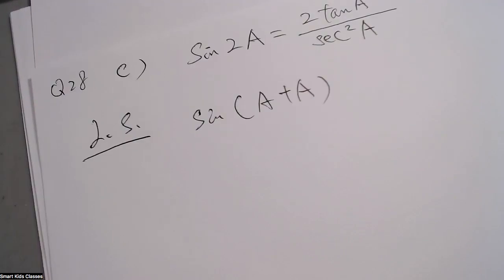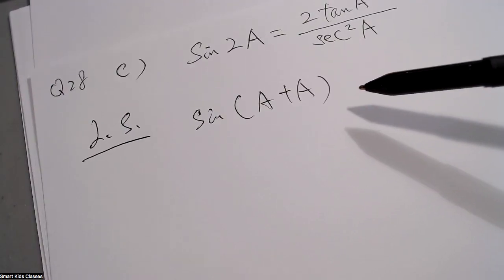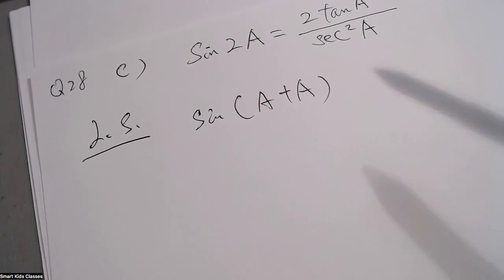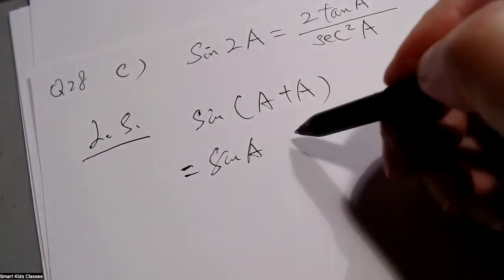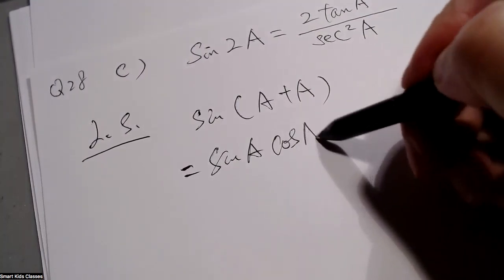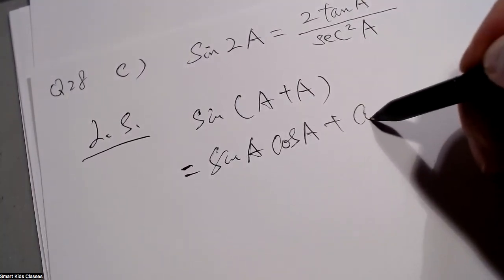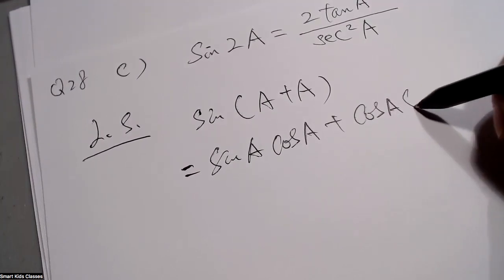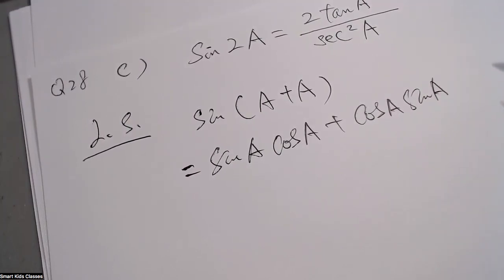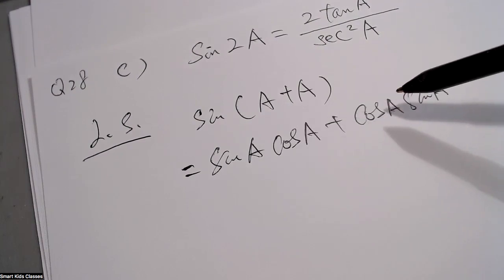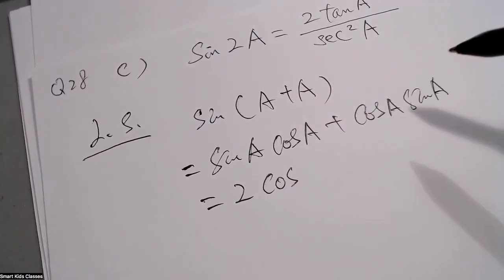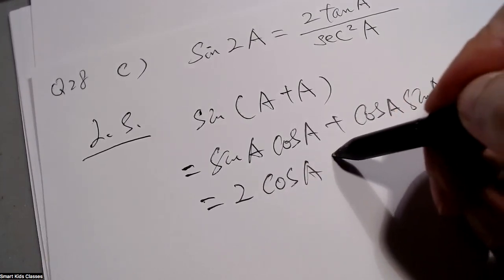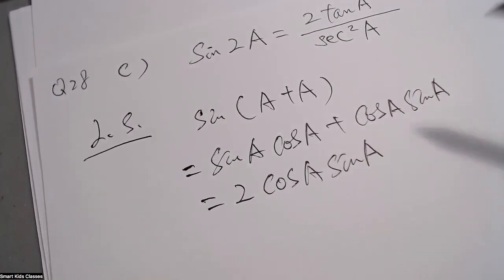Then we apply the compound angle formula: sine a cosine a plus cosine a sine a. When you add these two, you get 2 cosine a sine a. And that's the left side.